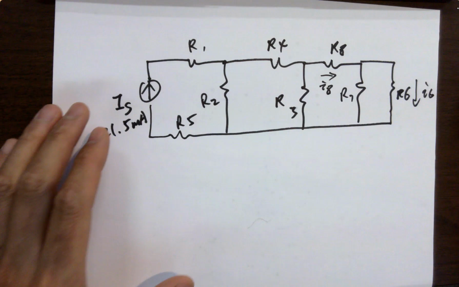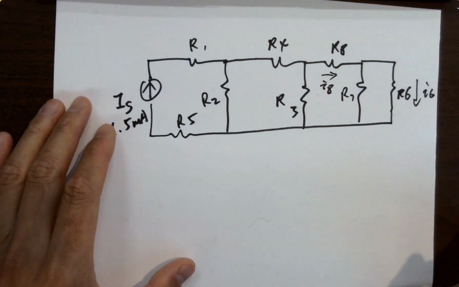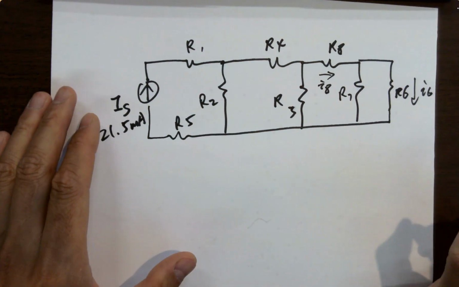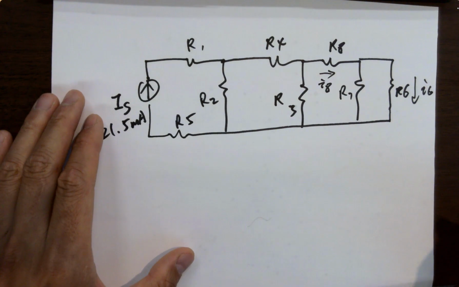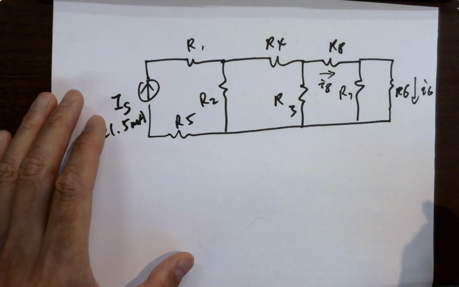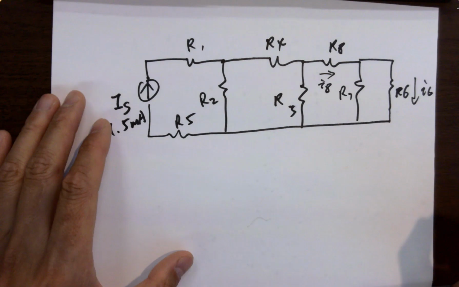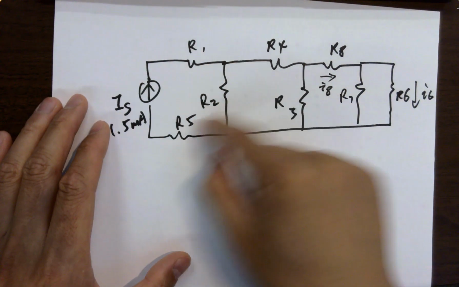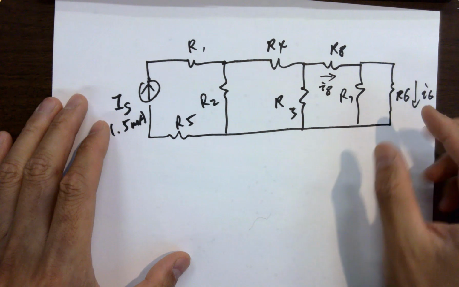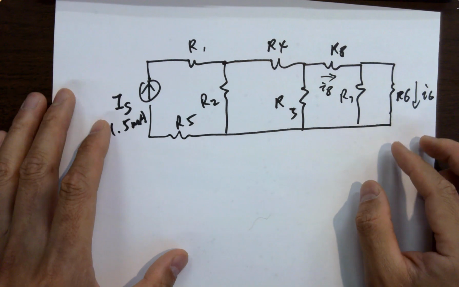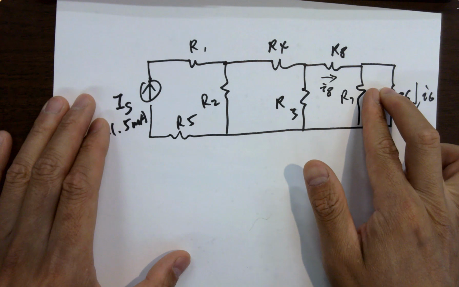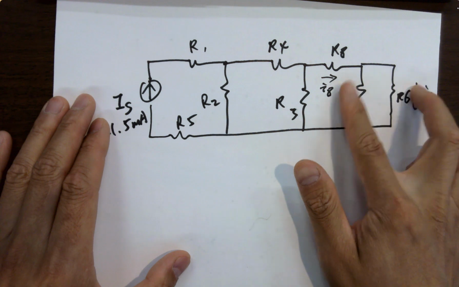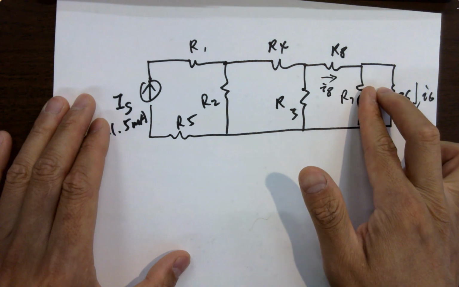How do we do it? Equivalent resistance, yes. So when I look at it, the first thing I want to do is combine the parallel resistors into one parallel resistance, right?